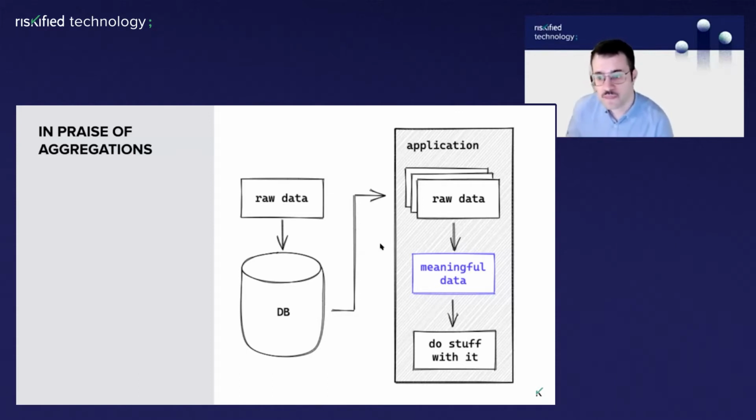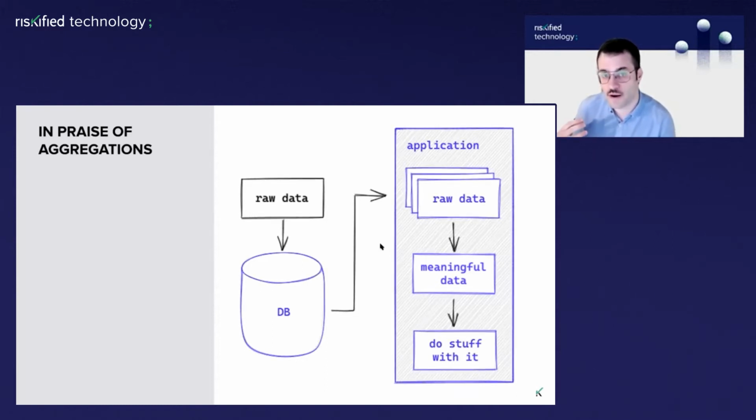We don't know. We then crunch all this information into some kind of meaningful data and present it to the user. The important thing to note here is that everything happens when the user has sent the request, when the user has navigated to the user info page, and then all this data munging, data crunching is happening in runtime.